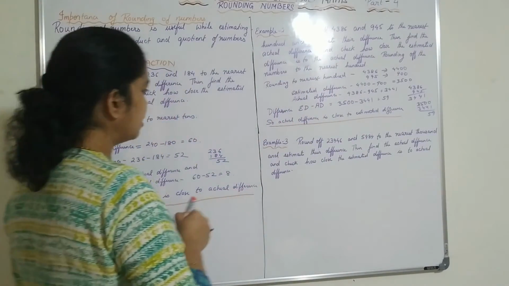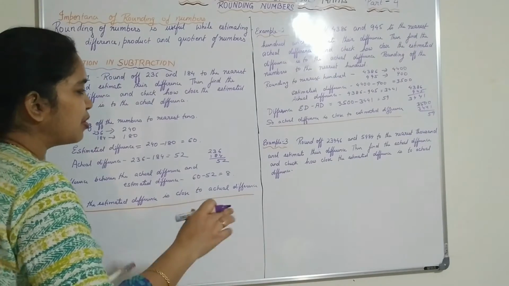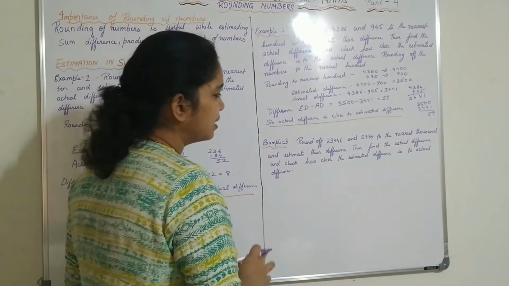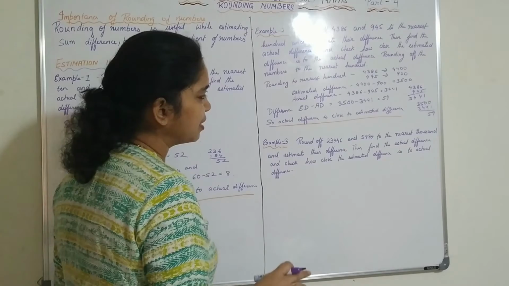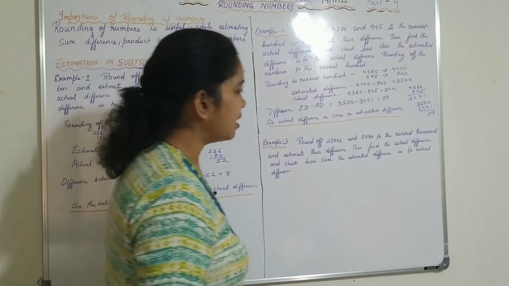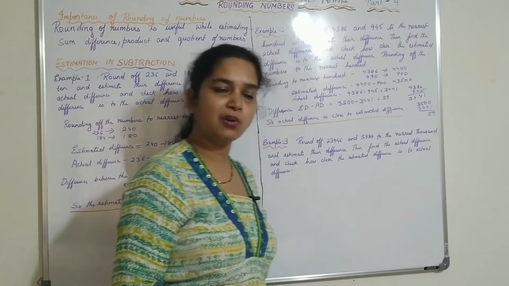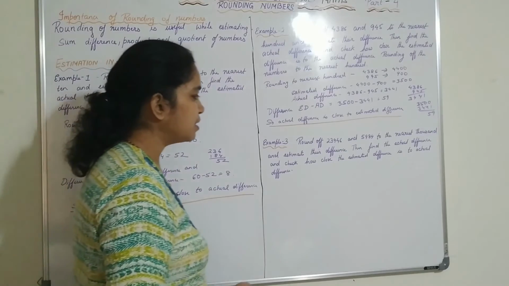Now, the third example is to round off the numbers 23,946 and 5,984 to the nearest thousand and estimate the difference.